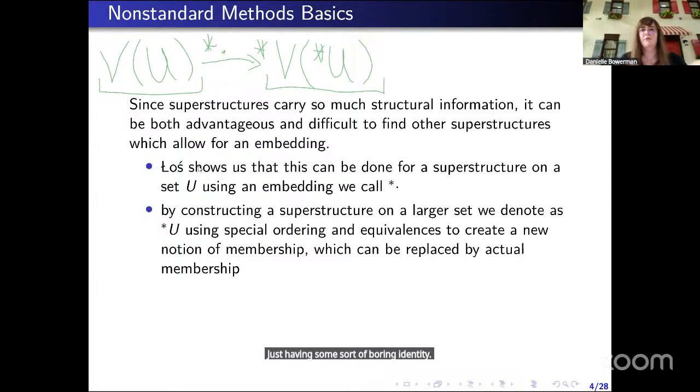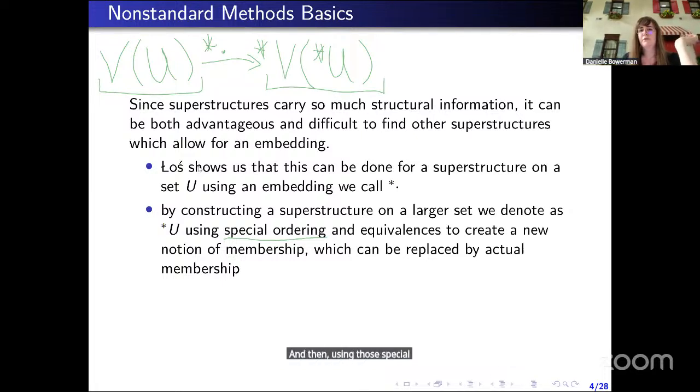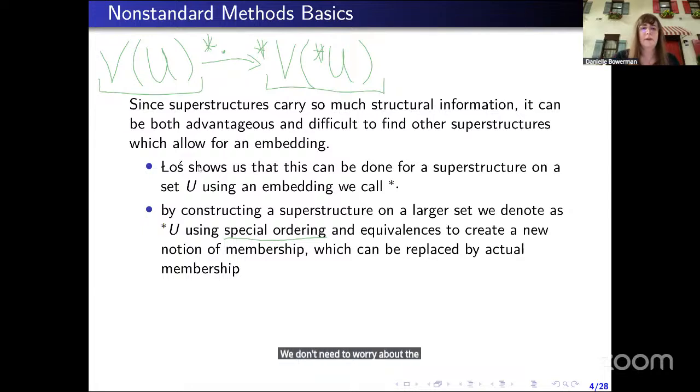This is done using special orderings that we call filters, and then using those special orderings to define equivalence classes on membership to create this new notion of membership. And as demonstrated by Wash and I believe Mostowski, we don't need to worry about the difference between this new notion of membership and actual membership.